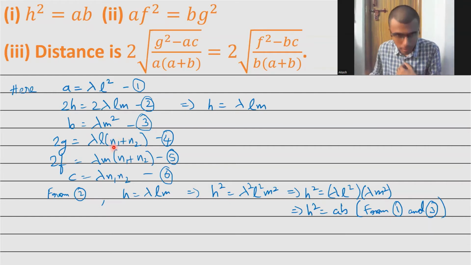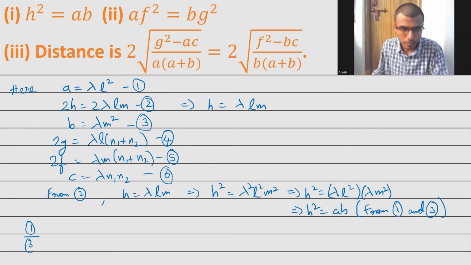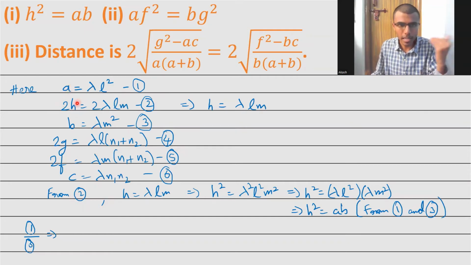How I'm going to do it is, let us first divide 1 and 3. Basically I'm dividing equation 1 by equation 3. This implies that on the LHS, I'd get A by B is equal to lambda L square by lambda m square.